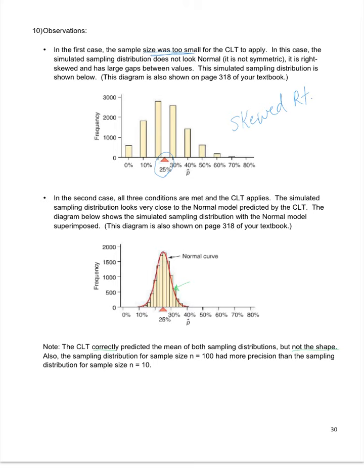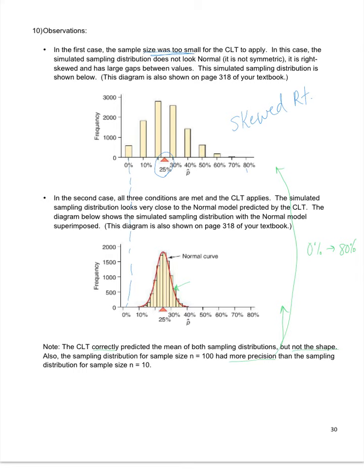Also, the sampling distribution for sample size n equal to 100 had more precision than the sampling distribution for sample size n equal to 10. If you take a closer look up here and here, notice that the axes both go from 0% to 80%. Precision's a little easier to see because the top graph started at 0% and ended at 80%.